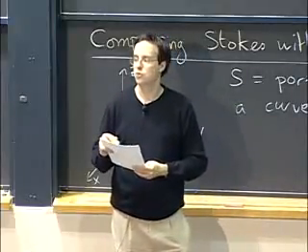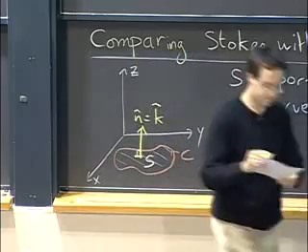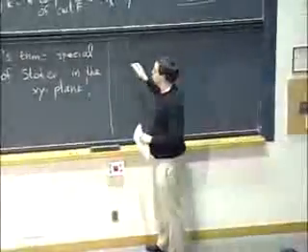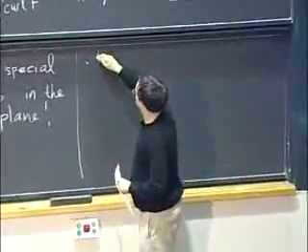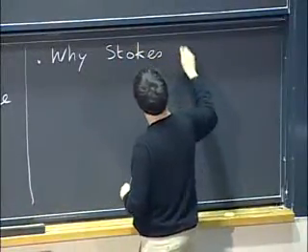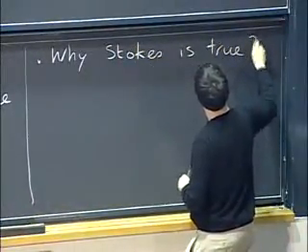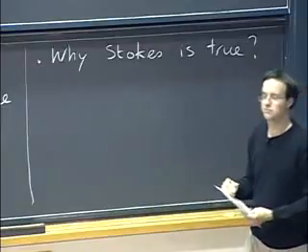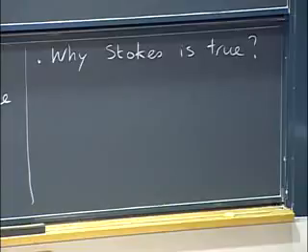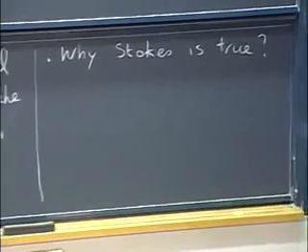Okay, should we move on? Yes, I heard a yes. Okay, so let me explain to you quickly why Stokes is true. So how do we prove a theorem like that? Well, there's other ways, but the least painful strategy at this point is to observe that we already know a special case of Stokes' theorem.